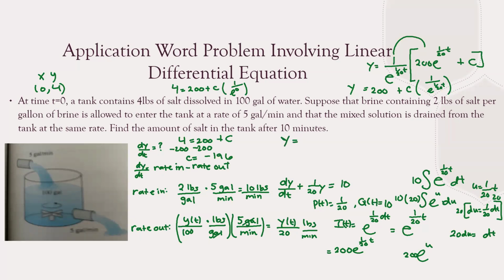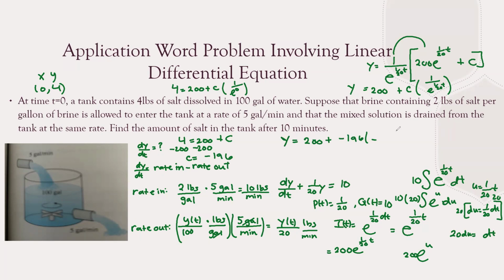So y equals 200, and then our c was negative 196. And then 1 over 1 over 20t, what does that simplify to?